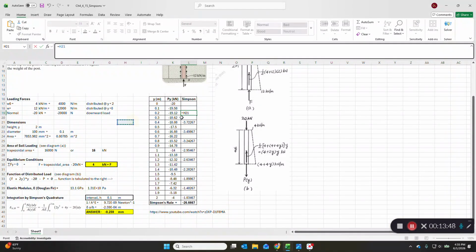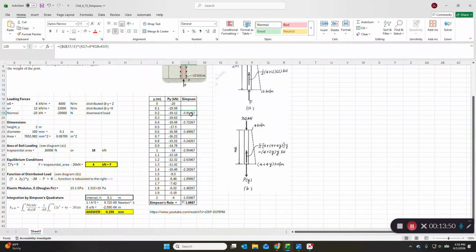That's it. So you do that, and then you're just copying that, skipping every other entry and copying it down to the bottom, and then just taking the sum of those, and that's simply done here.